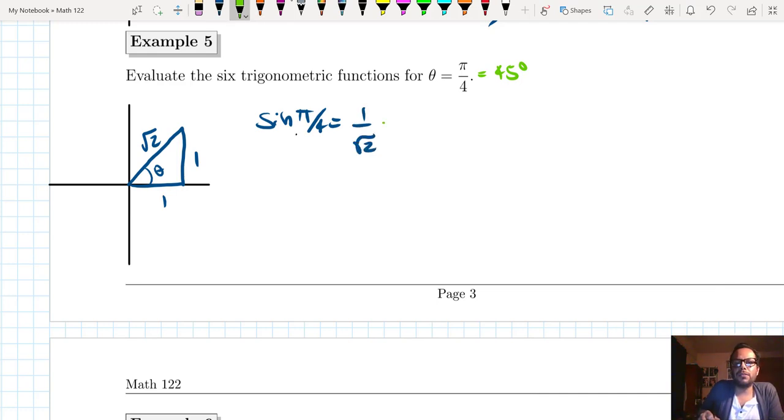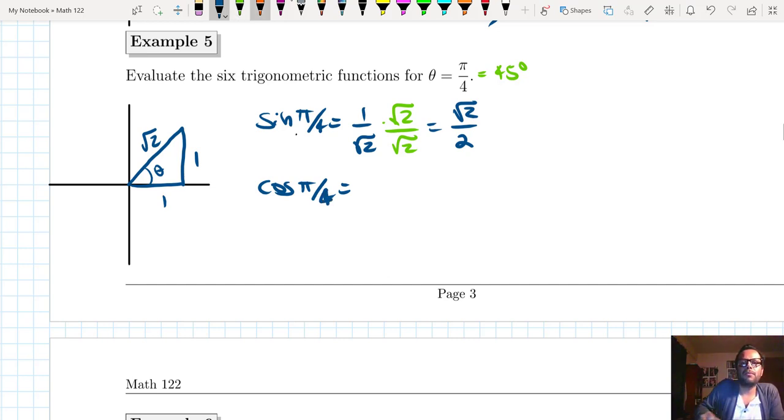And you might want to rationalize the denominator to get root of 2 divided by 2. Cosine pi over 4. By definition of cosine, we know cosine is adjacent over hypotenuse. However, you might notice it is the same as sine.